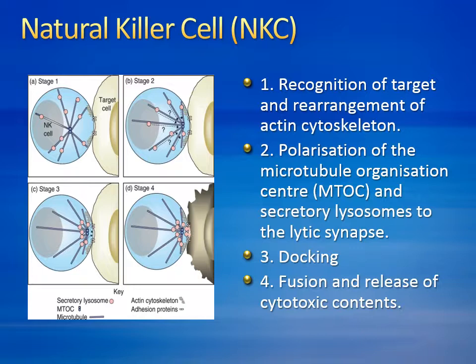The second is to polarize the microtubule organization center and secretory lysosomes to the lytic synapse. The third is to dock, and if you like, fix on that cell. And the last, for want of a better word, is to shoot. To fuse and release the cytotoxic contents of your natural killer cell, which immediately will destroy the cell that it's just docked to.